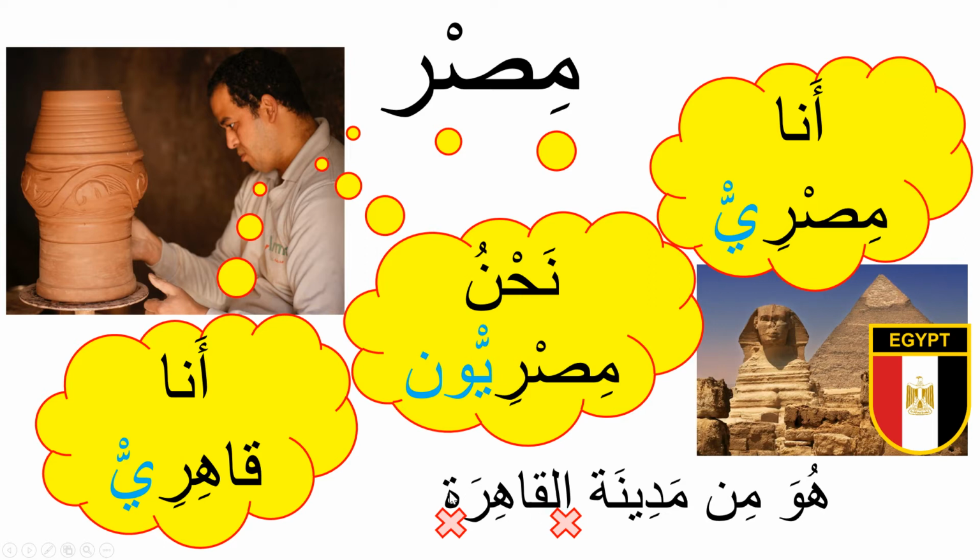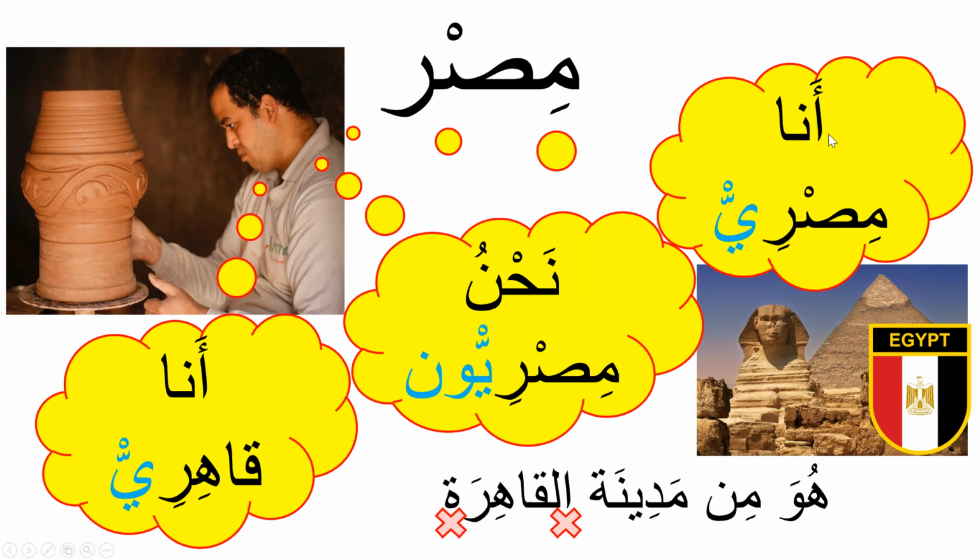If we have a tamarbuta at the end of the word, we will remove it before we make it a nisba adjective. That's why you see these two X's here on the slide. One is underneath the prefix the, and one is underneath the tamarbuta. So to create nisba adjectives, to say Egyptian instead of Egypt, to say Cairoene or Cairoite instead of Cairo, we do these different things to make this word into a nisba adjective.